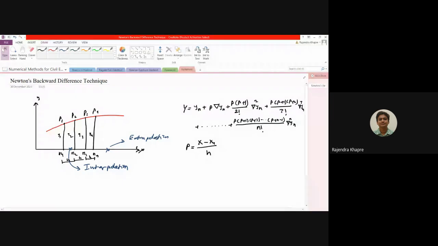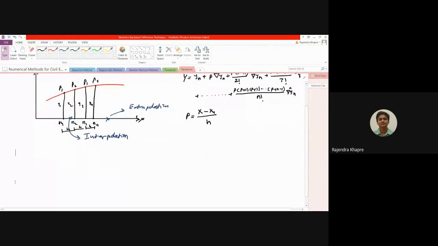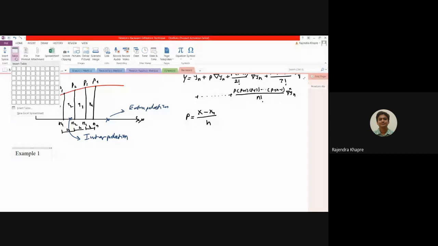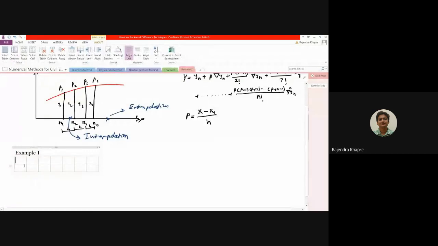So let us take a numerical. We are going to take the same numerical which we have solved earlier. Let us say example 1. In example 1 we have data of a population. So here we have year, and here we have population.